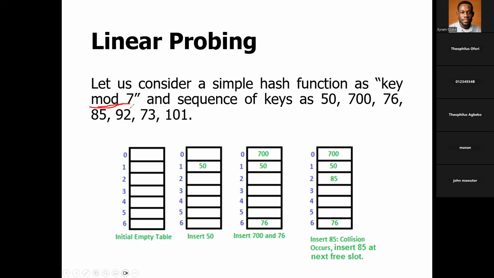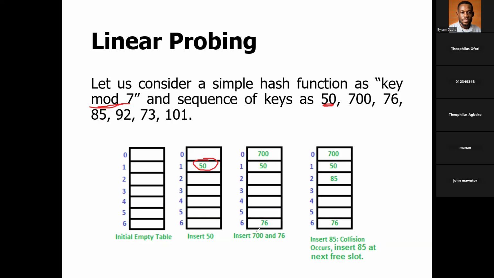So you can see that the hash function changes based on the values you have. If we take 50 mod 7, it is 1. So 50 is inserted at index 1.